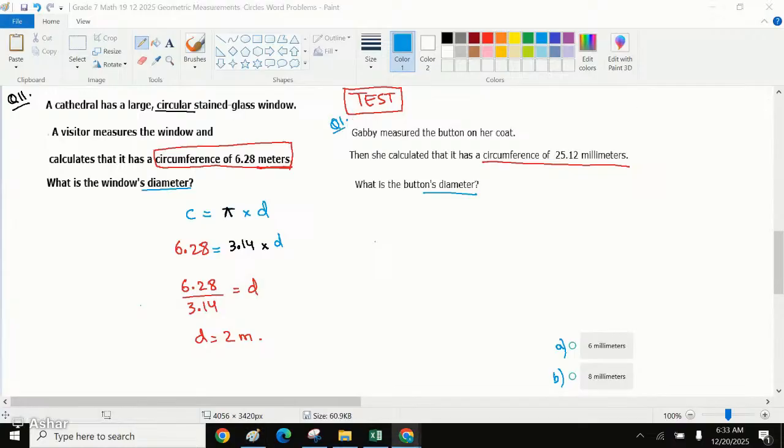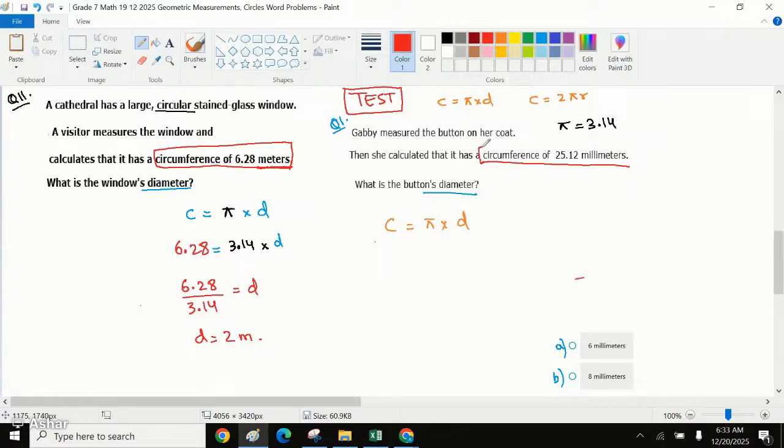While doing the question, we know that the value of pi would always be taken as 3.14. We need to find the diameter and we need to relate it with the circumference. We have two standard formulas for circumference, right? Circumference can be equal to pi multiplied by the diameter, or circumference could be equal to 2 multiplied by pi multiplied by r. What we need to consider is the one which has a diameter. So we can say that circumference is pi multiplied by the diameter.